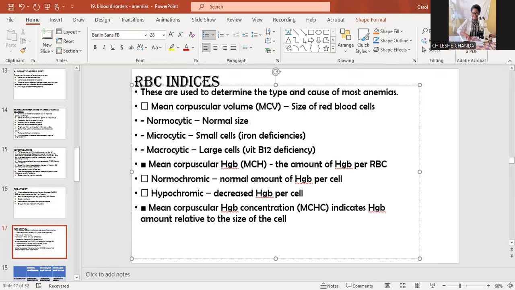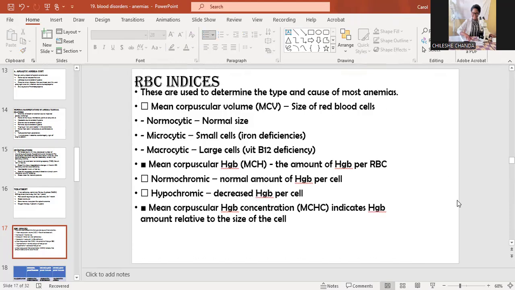And then when it comes to the presence of HB, in some anemias, the amount of HB in one blood cell is going to be normal. An example in which the blood cells are normal in color is bleeding, okay, hemorrhagic anemia. The red blood cells will appear normal in color, and that is known as normochromic.